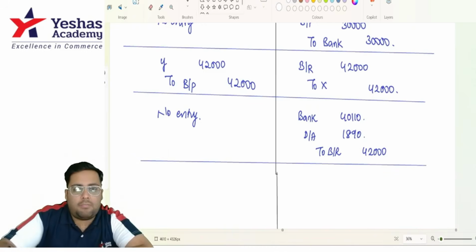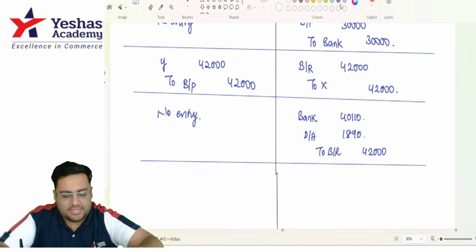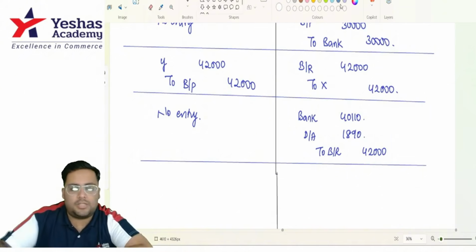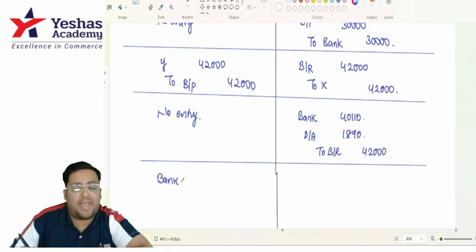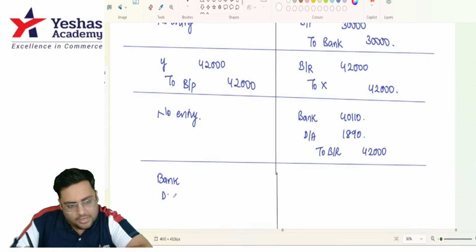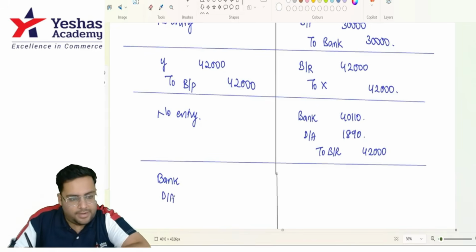Y is giving money to X. If Y is giving money to X, what would be the journal entry? In the books of X, I'm going to say bank account debit, discount allowed account debit, to Y.